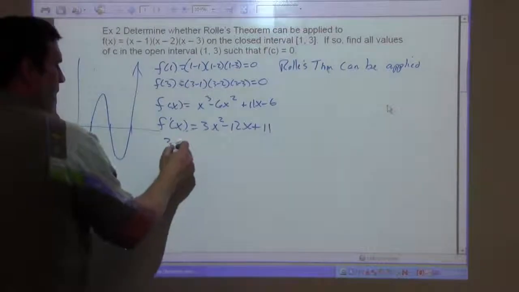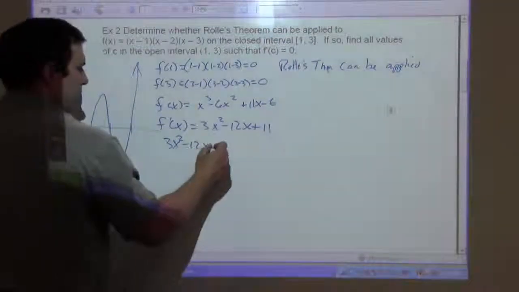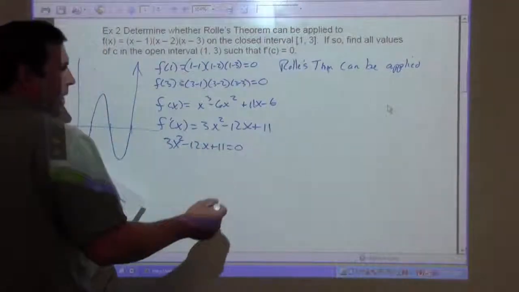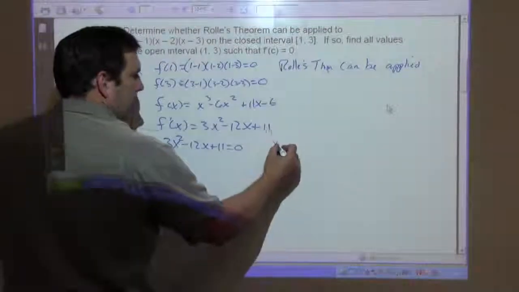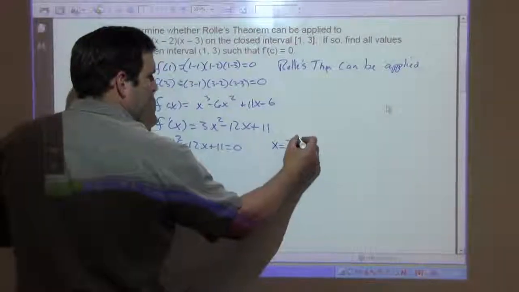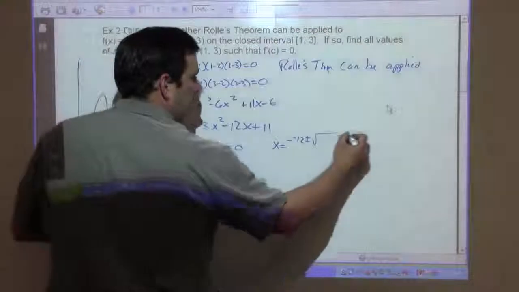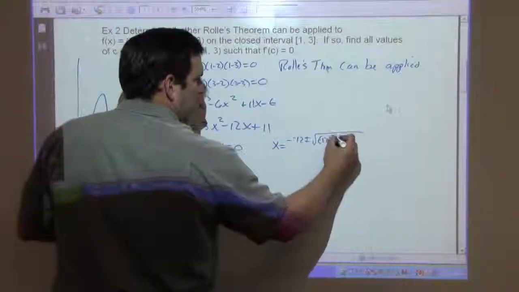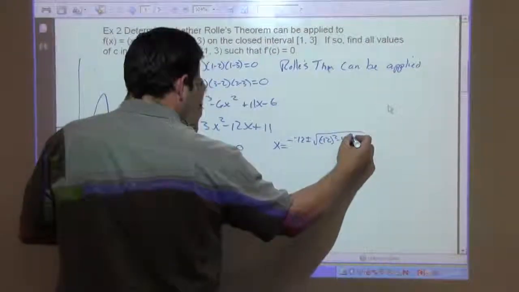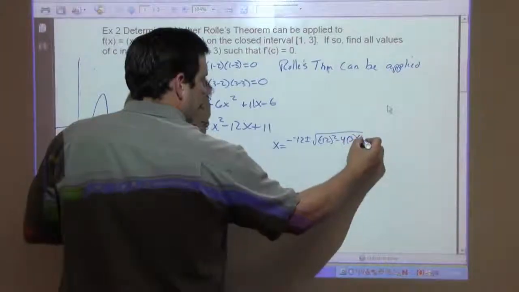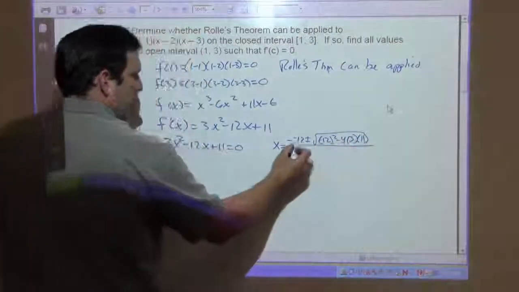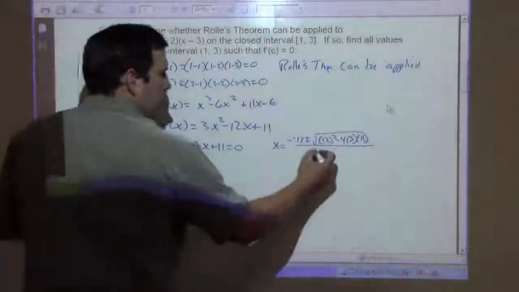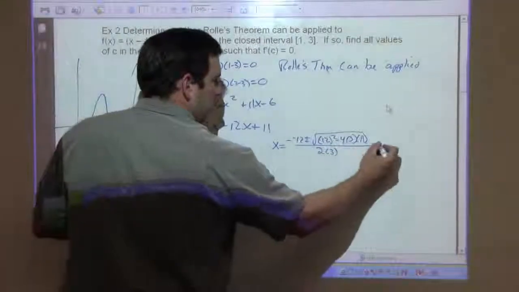So where's 3x squared minus 12x plus 11 equal to 0? If we use the quadratic formula, we have x equals negative of negative 12 plus or minus the square root of negative 12 squared minus 4 times 3 times 11, all over 2 times 3.